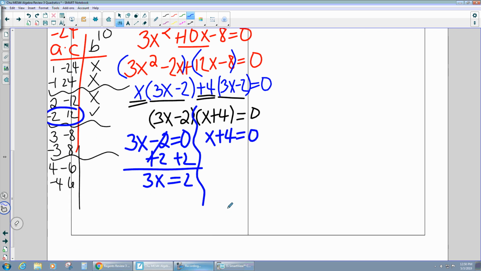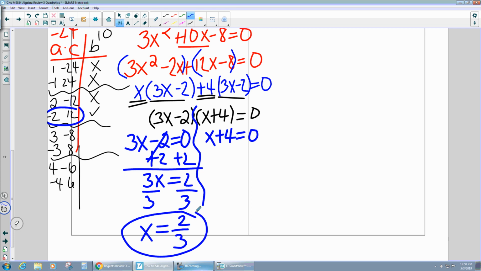And then we want to divide by 3 to get x by itself. So x is equal to 2 over 3. That's one of my solutions. The other solution, I just have to subtract 4 from both sides. And I get x is equal to negative 4. So those are my two solutions. We're going to check it again with the quadratic formula to make sure it works.